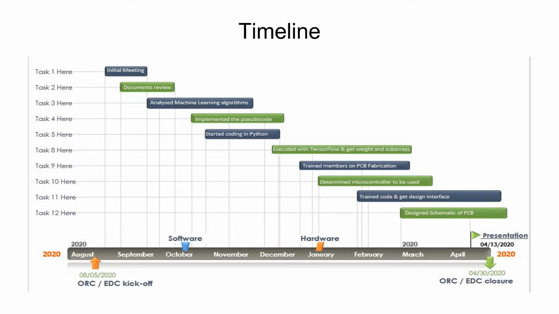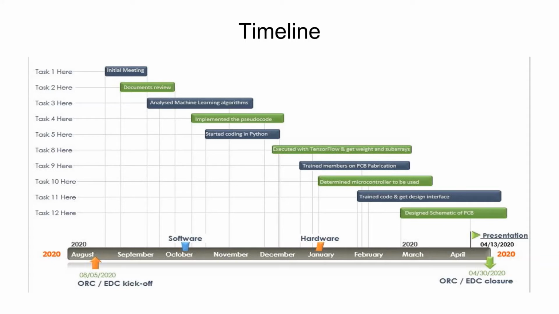In early October, we drew a pseudocode to outline how our code would reach our goal. Starting in November, we wrote code in Python and executed it utilizing TensorFlow to gain the weights and the subarrays of our design.